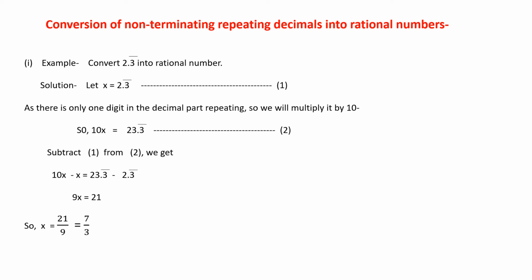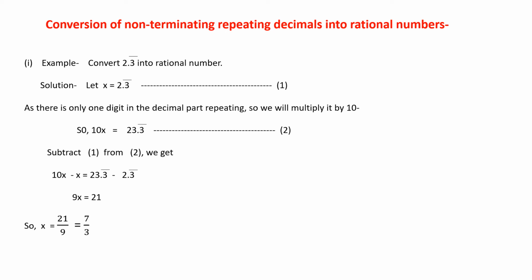Now students, I will tell you the conversion of non-terminating repeating decimals into rational numbers. Let's take one example. Convert 2.3 bar into a rational number. So see the solution, children, it's very important. Let x is equal to 2.3 bar and name it equation number 1.